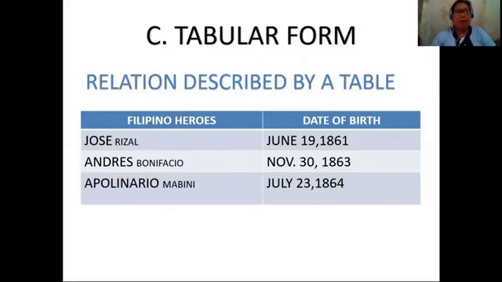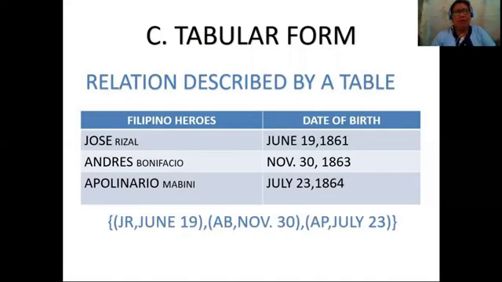And Apolinario Mabini was born on July 23, 1864. Converting this into a set of ordered pairs, we have (Jose Rizal, June 19), (Andres Bonifacio, November 30), (Apolinario Mabini, July 23).